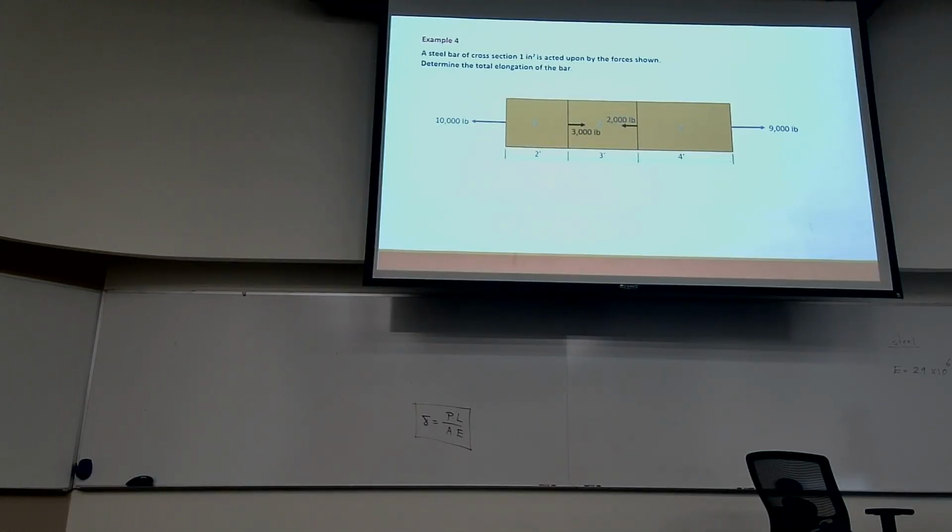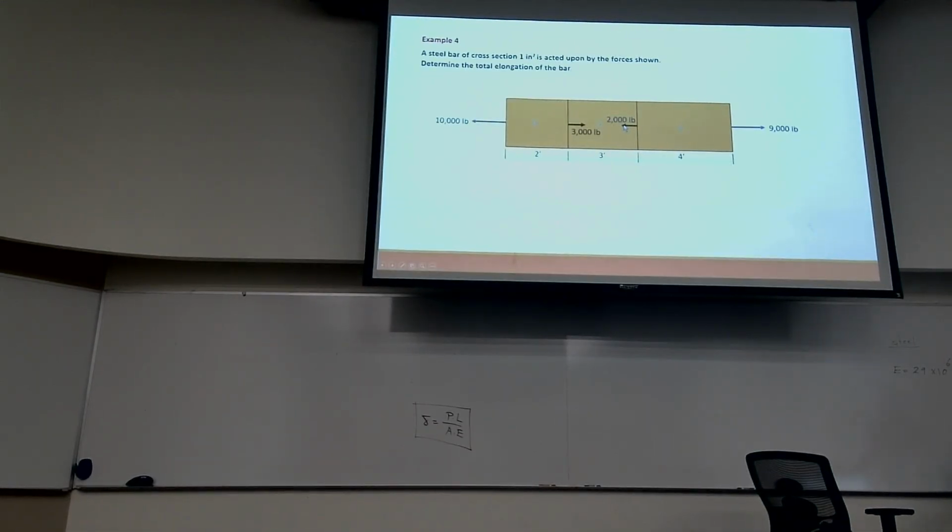If you look at the forces, they do add up to 0. So if you have a leftward force here of 10,000 pounds, this is another 2,000 pounds to the left, so we have 12,000 to the left, and we have 9,000 here to the right, and another 3,000, so that's also 12,000 pounds to the right.